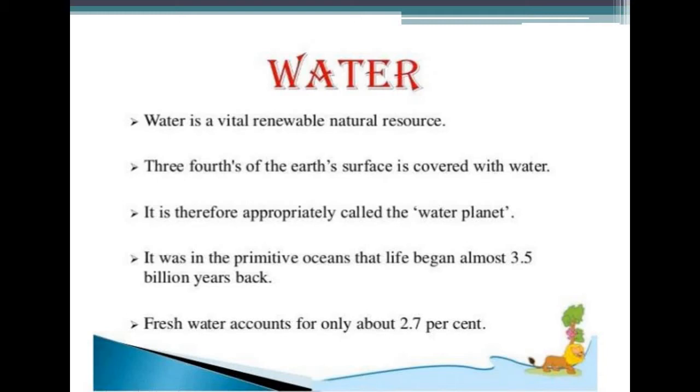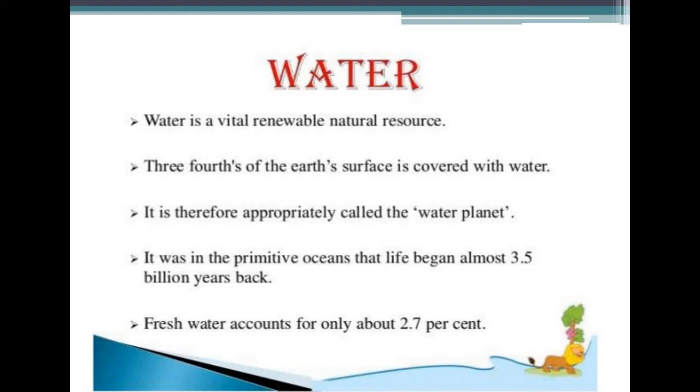Water is so important for all human beings, for all of us, that a life without water cannot be imagined. 3/4 of the Earth's surface is covered with water. That's why it is also known as the water planet. Fresh water accounts for only 2.7%.